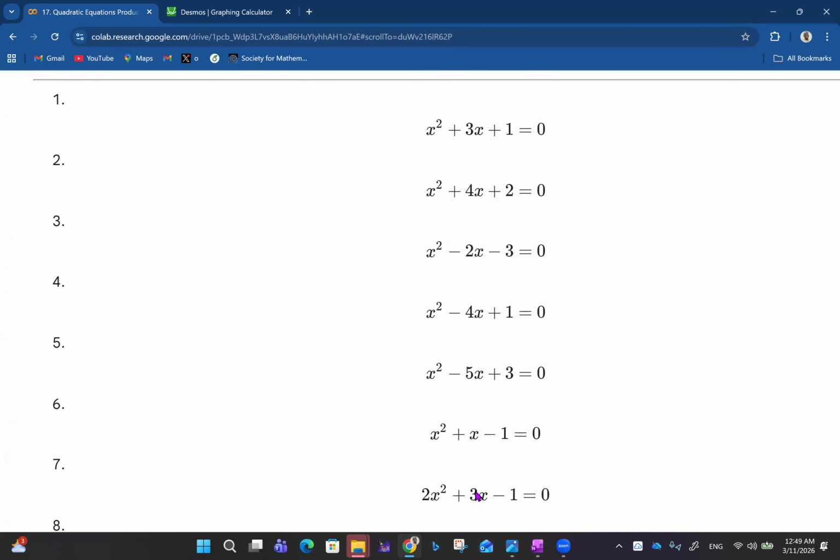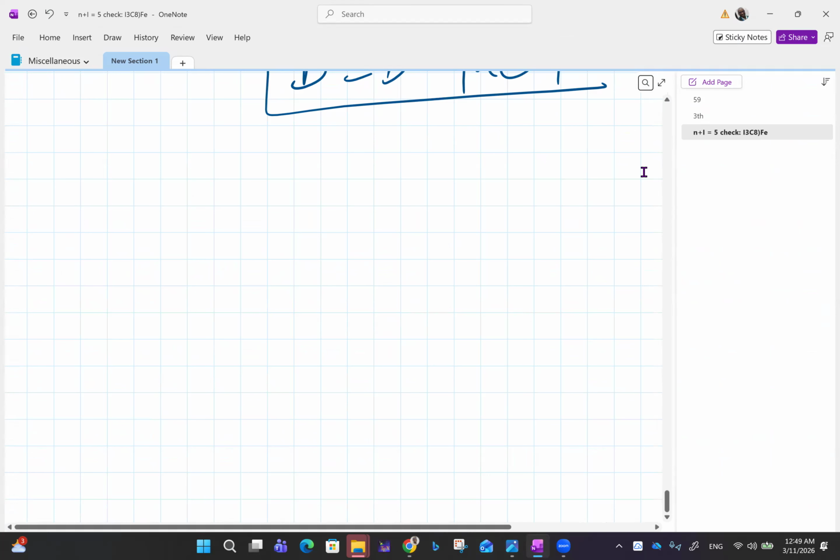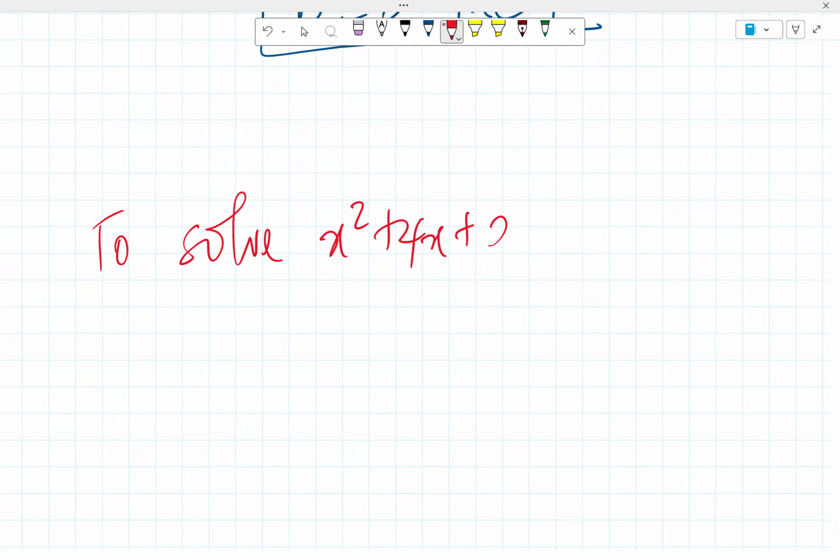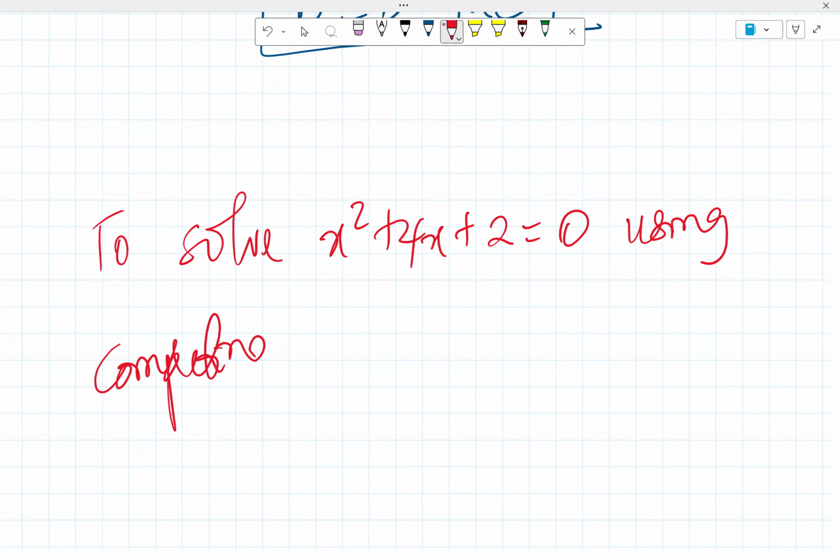So question 2 is x squared plus 4x plus 2. To solve x squared plus 4x plus 2 equals 0, using the completing the square method.